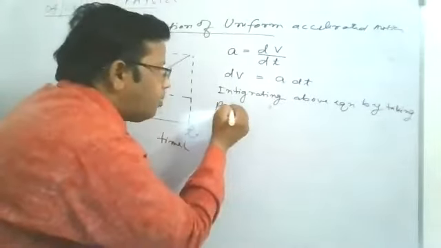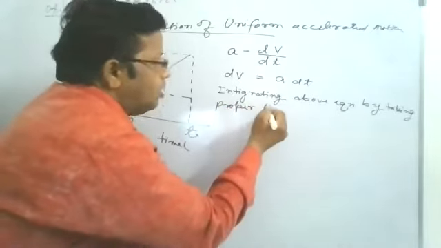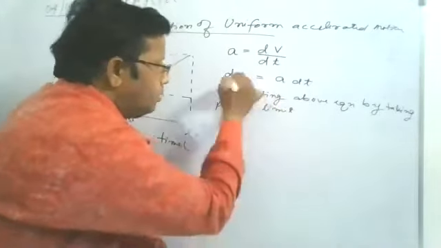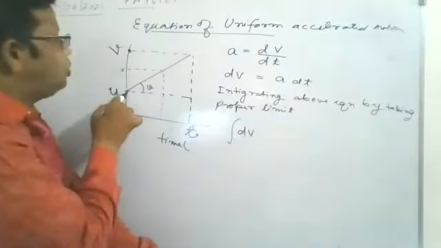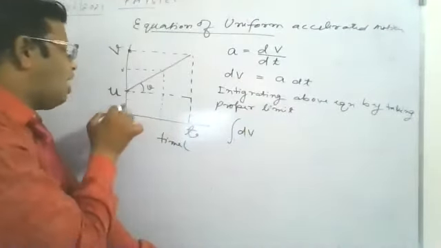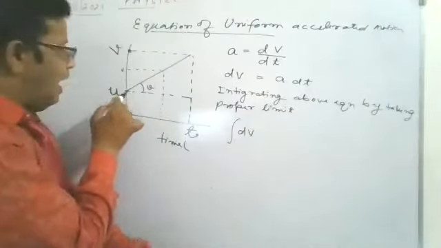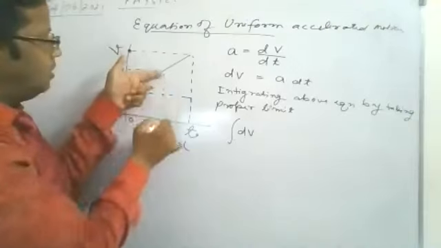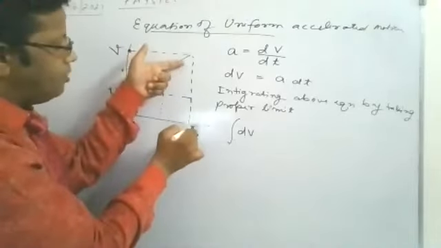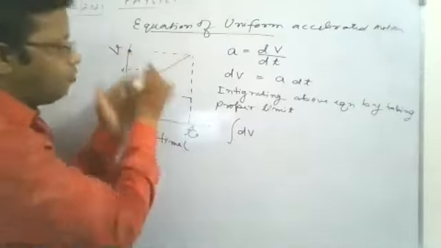Why are we talking about the proper limit? Let us see here. dv: here the velocity changes from u to v, because at time 0 the graph starts from here, and as time passes, the graph reaches this time, where the velocity becomes v.